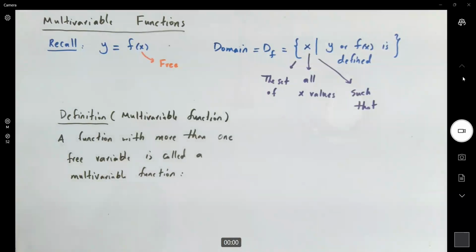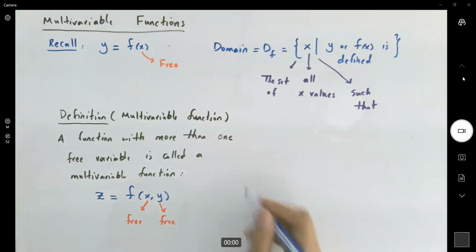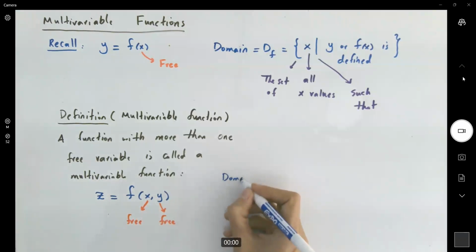Suppose x and y are free variables. Your function has output value z equals f of x and y. So it means that you can freely choose x and y. X is free, y is also free on that domain, and z is the output, which depends on x and y. Well, how do I define the domain in this case?